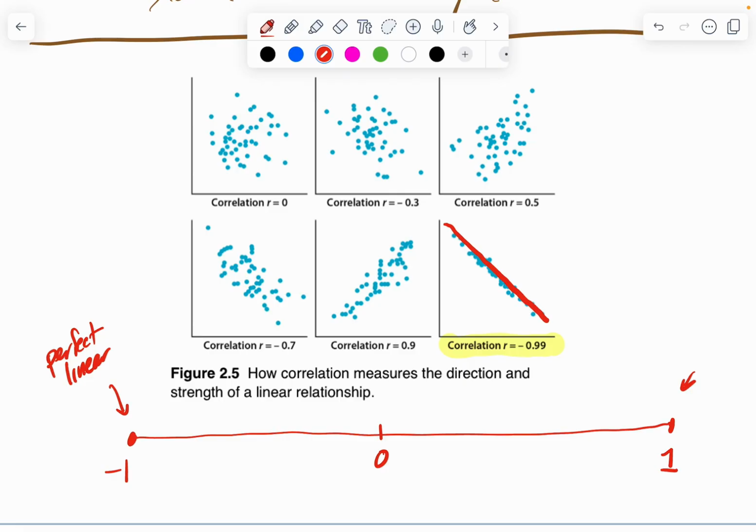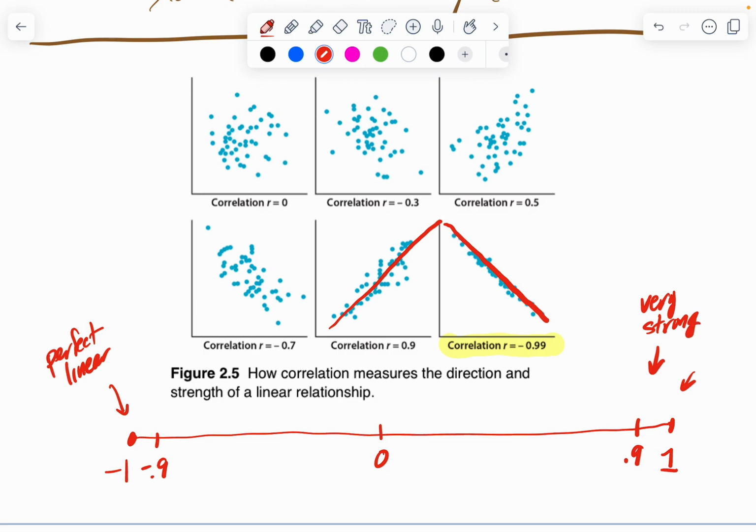Next to that, a correlation of +0.9. Those dots have a little bit of scatter, but they're clearly in a linear pattern. If the correlation is +0.9 or -0.9, I'm going to call any correlation coefficient in the 0.9s very strong in its linear relationship.